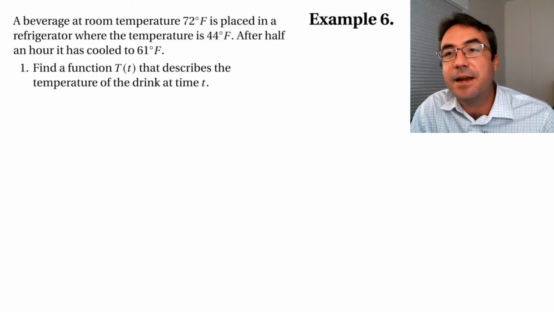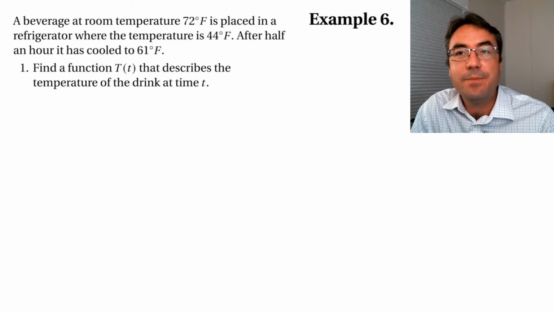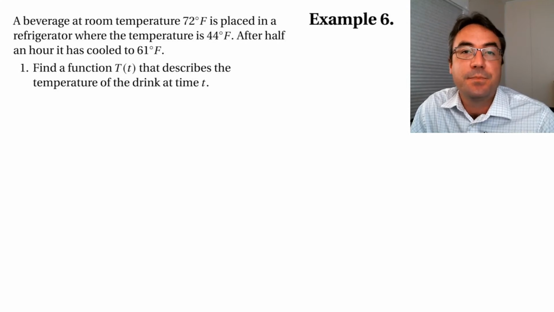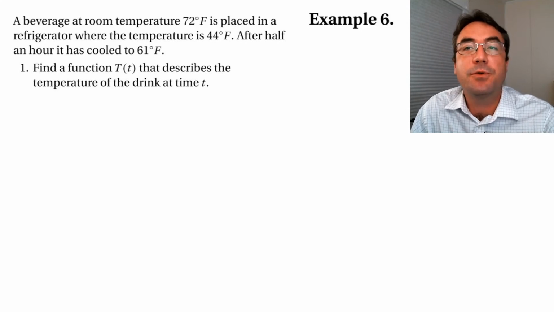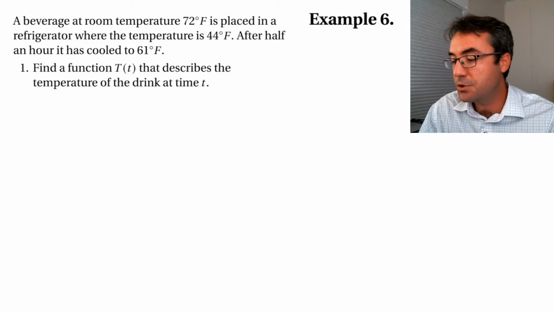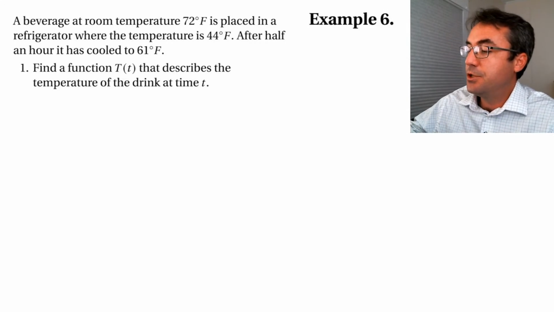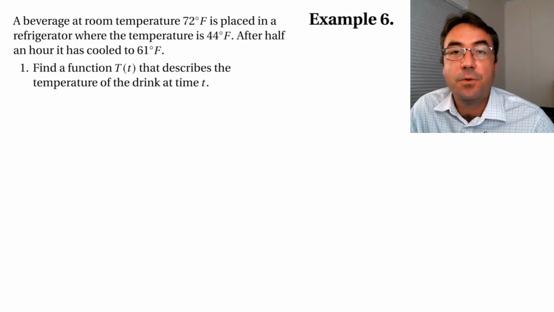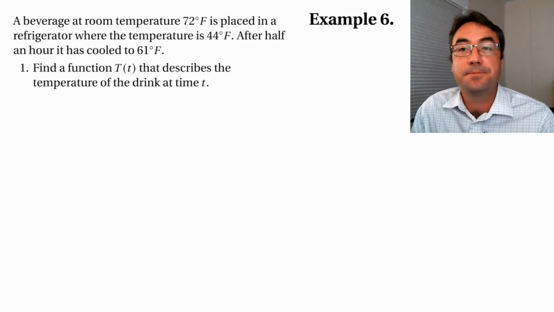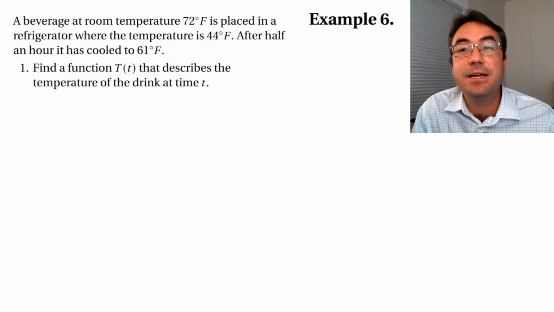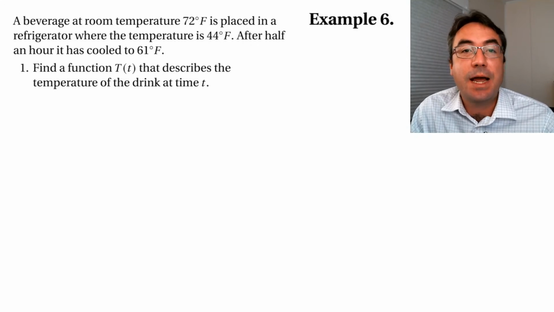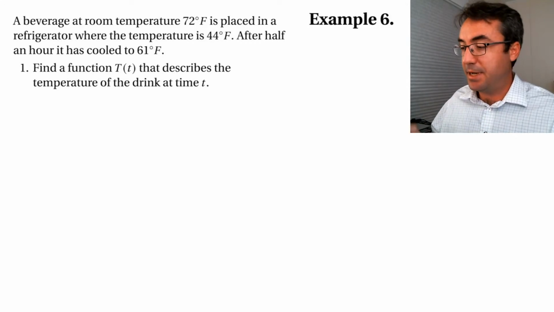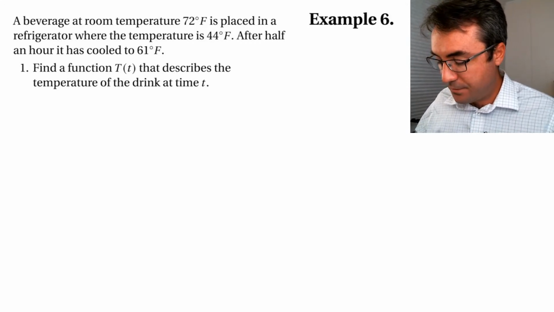We let it sit in there for half an hour, and we measure the temperature of our drink, and it's 61 degrees Fahrenheit. We're going to use this information to figure out what the temperature function is for our drink. So we want to find the function T of t that describes the temperature of our drink at time t. So let's see what information we have.